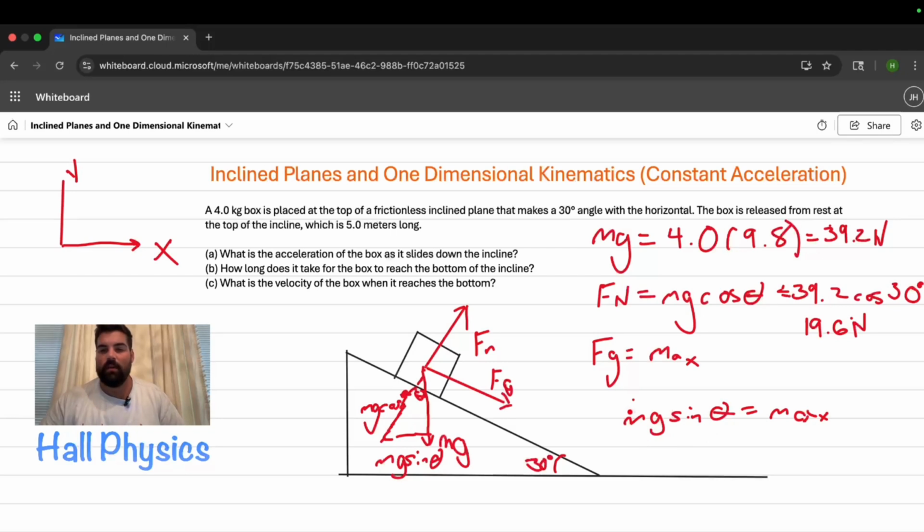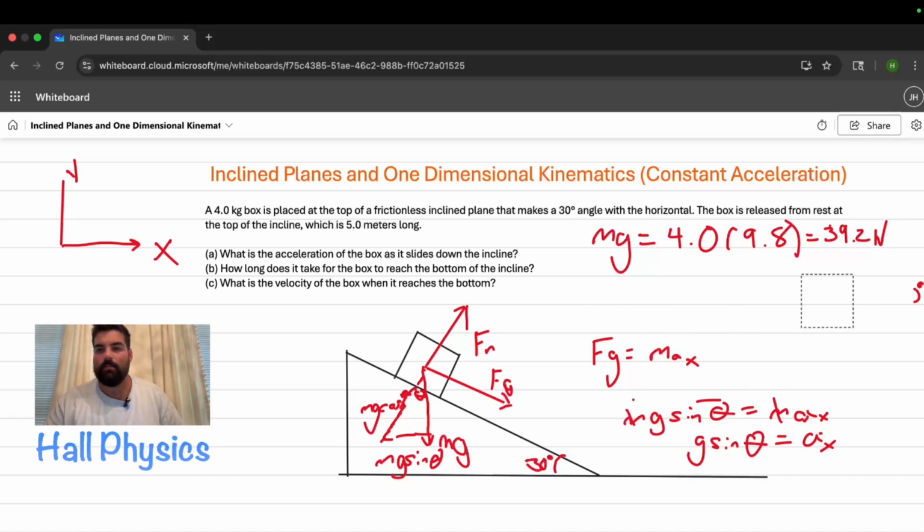Okay, so these masses can cancel out, and now we're left with g sine theta is equal to our acceleration in the x direction, which is the only direction this box is moving. So we can just go ahead and write that out, and we'll erase some of the top stuff. Rewrite it up here at the top.